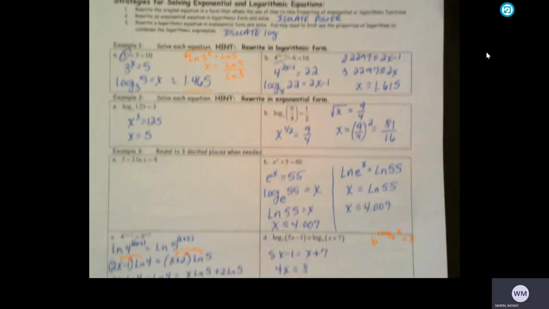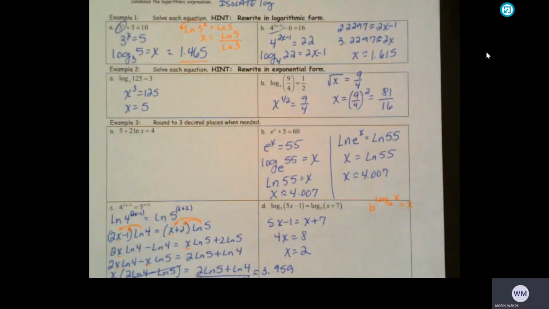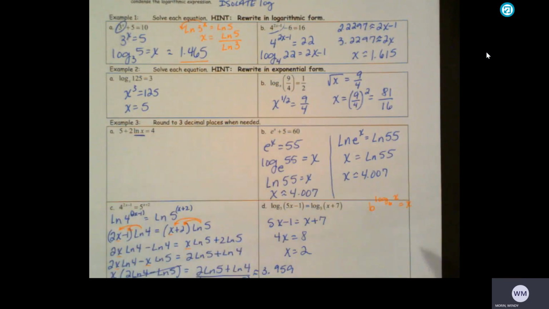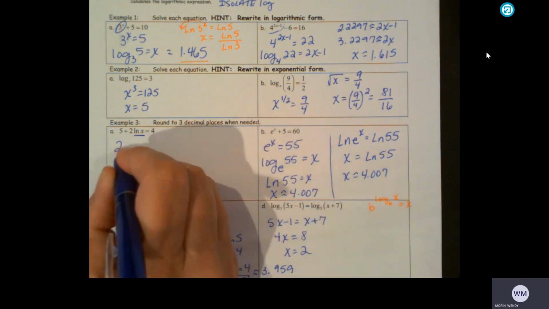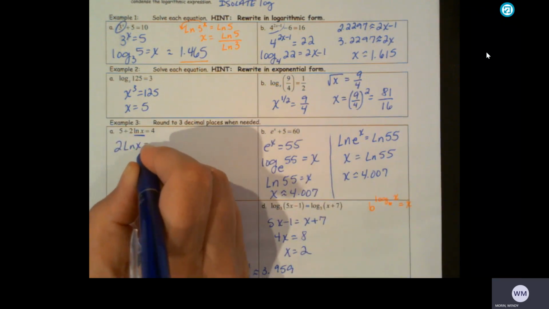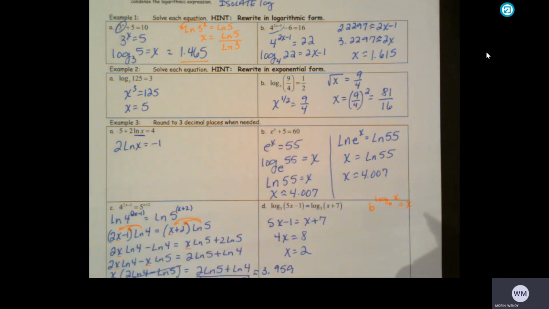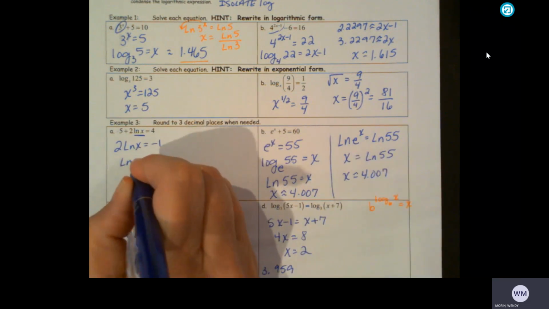So let's see if we can isolate the logarithm. That means, can we get it by itself? Can we get this all by itself? Sure we can. 2 ln of x, subtract 5 from both sides, you get -1. Divide both sides by 2.